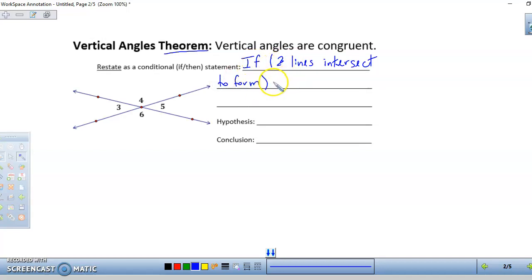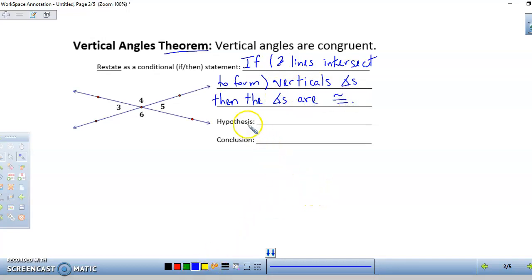But if two lines intersect to form, and then you probably just wrote vertical angles, which is totally okay. And I'm going to start abbreviating with symbols. But if two lines intersect to form vertical angles, then the angles are congruent. And again, I'm going to start using some symbols for that.